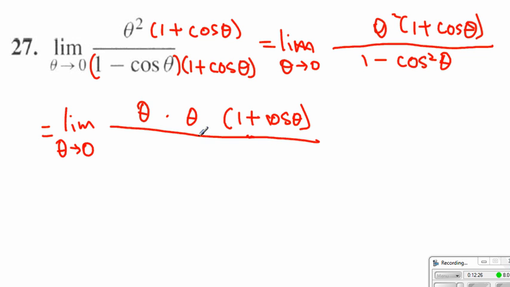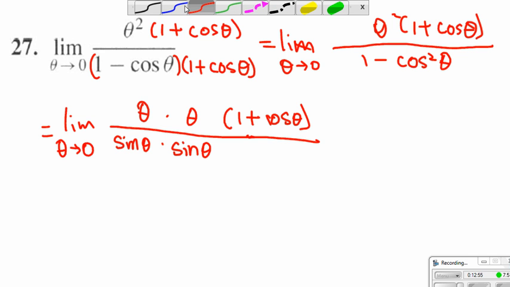Now, how about the bottom? 1 minus cosine squared, in fact, is equal to sine squared theta, by the Pythagorean identity, sine squared plus cosine squared equals 1. So I'm going to rewrite the sine squared as simply sine theta times sine theta for us to see better.